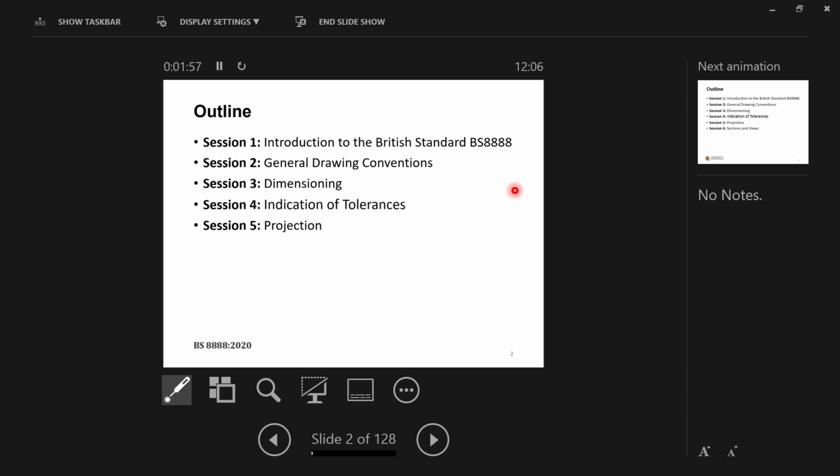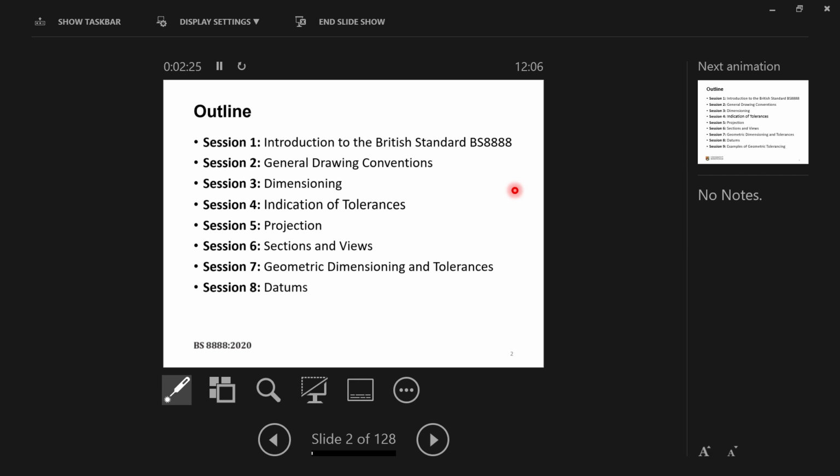In session number 5, we're going to talk about projection, the third angle projection and the first angle projection. In session number 6, I'm going to introduce sections and views. Then in session number 7, I'm going to talk about what's called GD&T, or geometric dimensioning and tolerances.